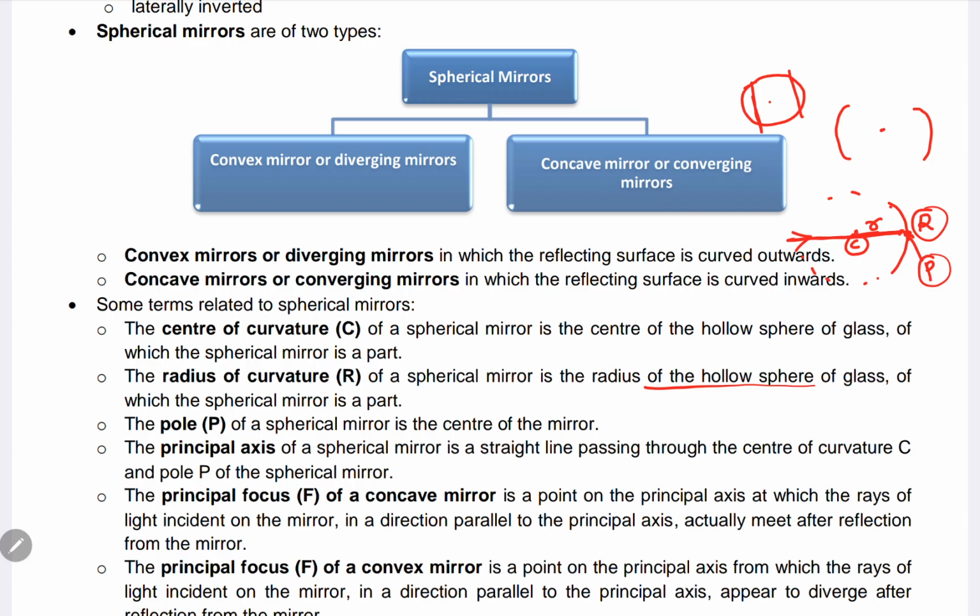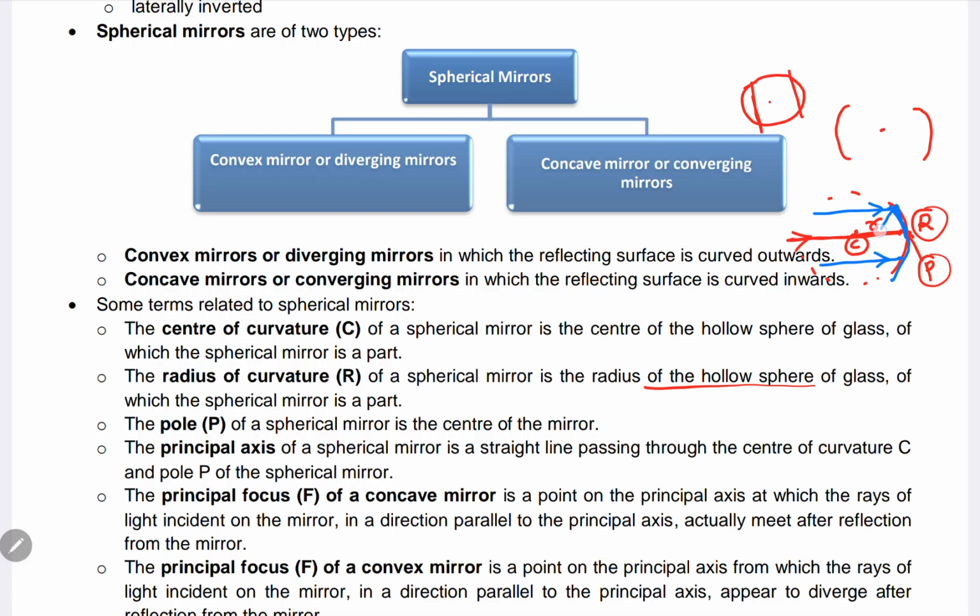Now what is the focus? Focus of a concave mirror. I have drawn a concave mirror here. You can see, for this particular concave mirror, if the light is passing like this, the rays of light are falling on the mirror parallel to the principal axis.